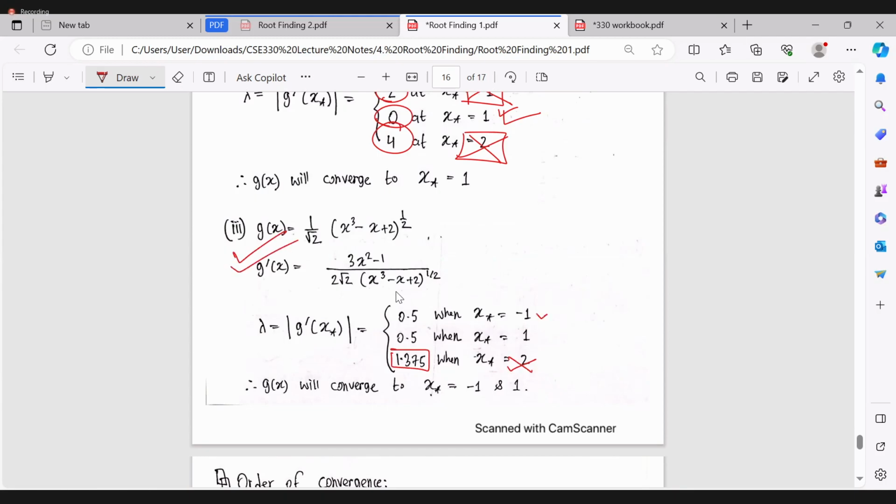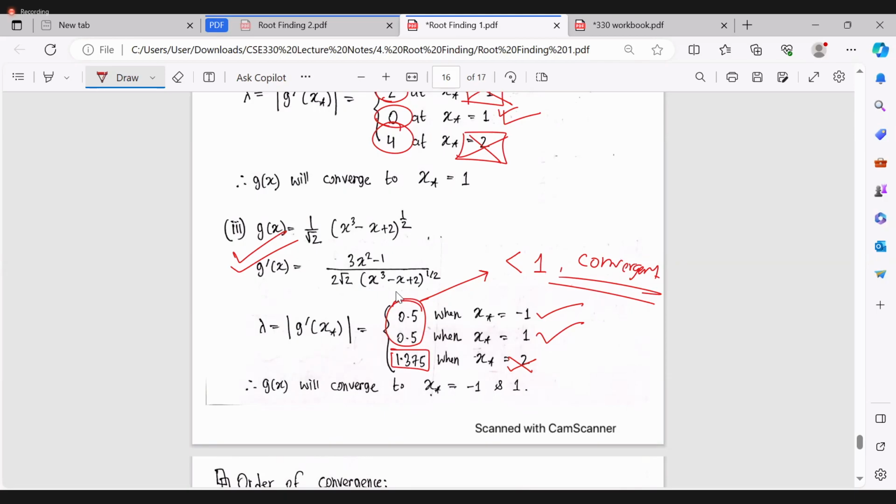However, -1 and 1 are open because the values that we are getting from lambda are less than 1, which is convergent. Am I making sense? Yes, ma'am.